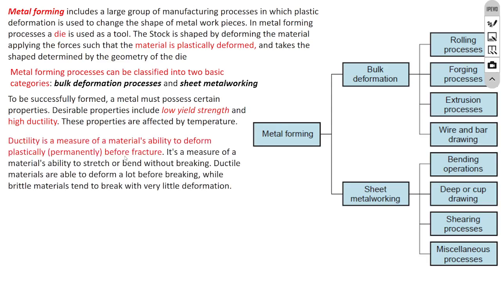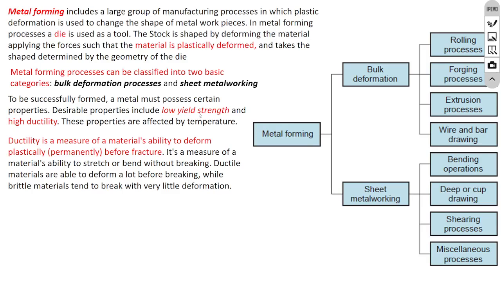In bulk deformation or sheet metal deformation, ductility is quite important. To be successfully formed, a metal must possess certain properties. Desirable properties include low yield strength and high ductility.